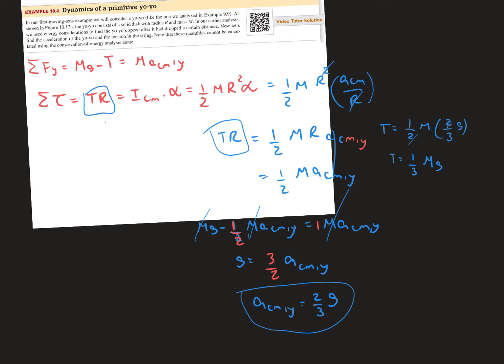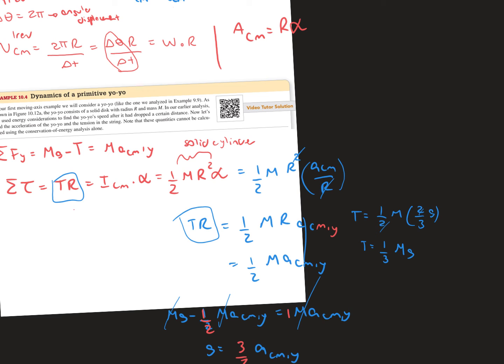So we need to find the sum of the torques, which is going to be equal to the tension times the radius, and that's equal to the moment of inertia of the center mass times the angular acceleration. For a solid cylinder, the moment of inertia is equal to 1/2 the mass times its radius squared, times the angular acceleration.